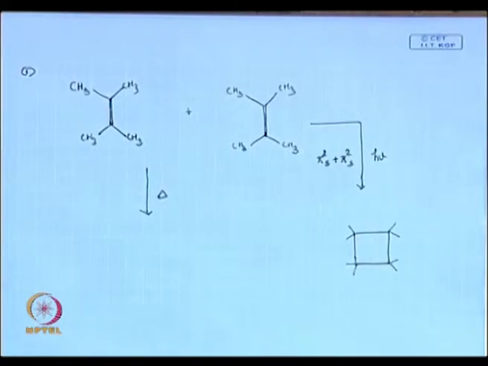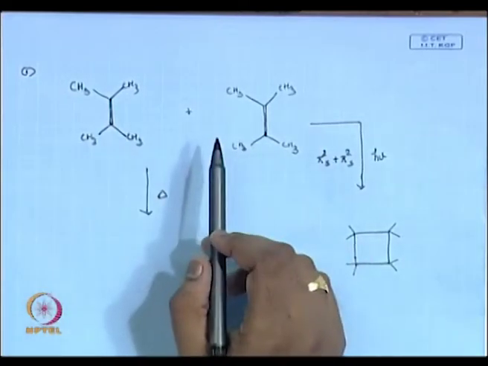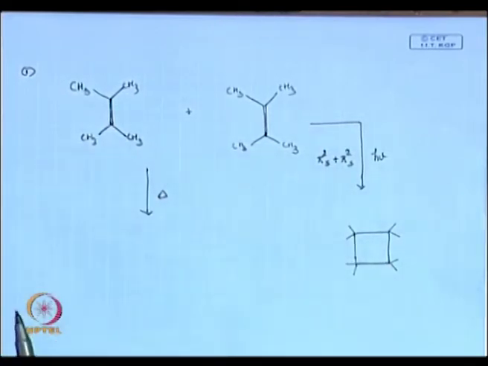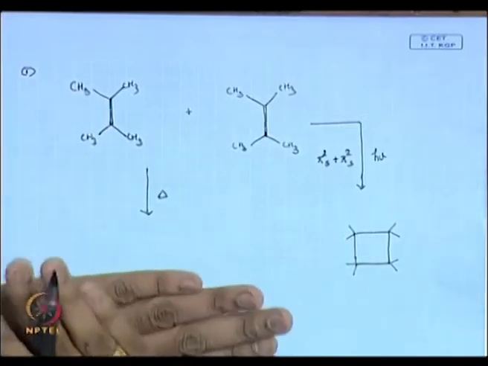what do you expect? What happens is that we should think about pi 2s plus pi 2a, a suprafacial-antarafacial addition, because pi 2s plus pi 2s is forbidden under heating. So, it should be pi 2s plus pi 2a, but if you see these alkene systems, they are not geometrically favored, they cannot sit on each other like this.